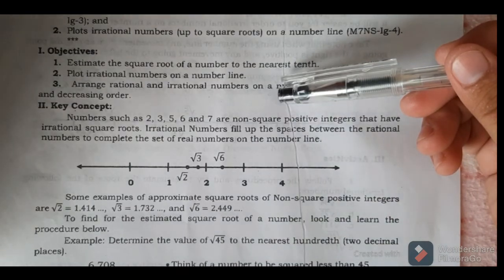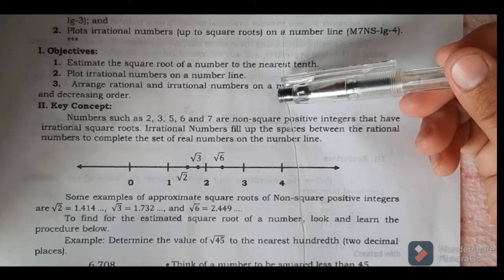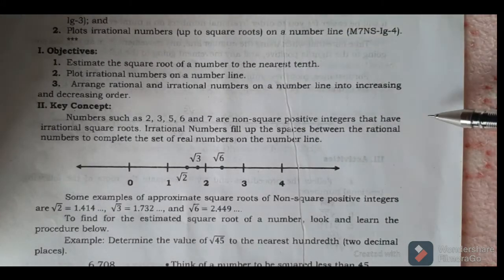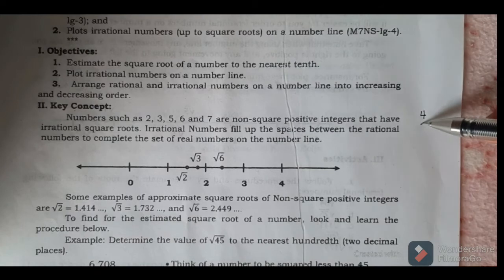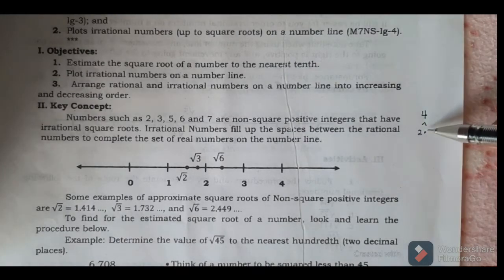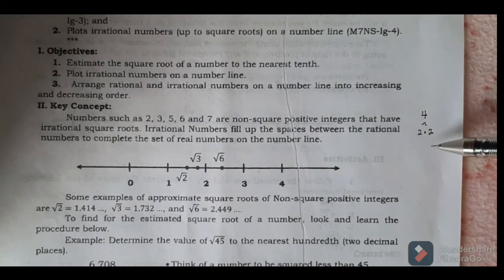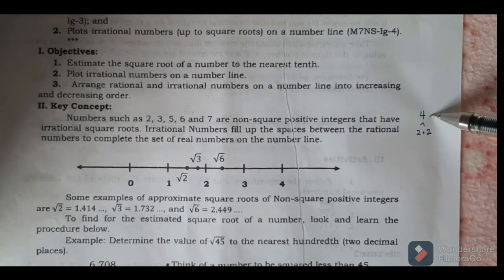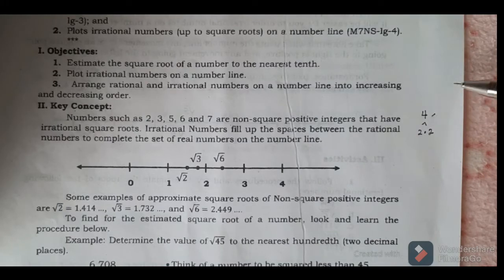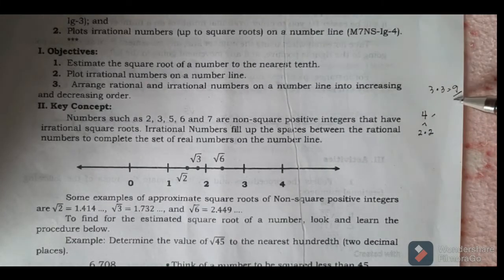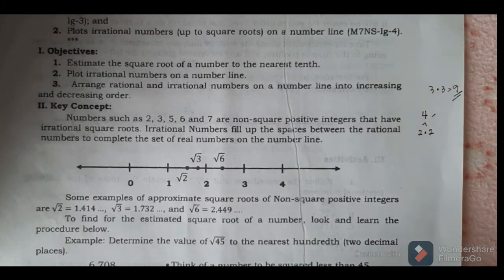ang factor niya is hindi yung sarili niya. Okay, halimbawa, 4 perfect square siya kasi ang factors niya is both 2. May factor siya na both 2. Okay, kaya 2 times 2 is 4. So, this is a square. Halimbawa pa is 3 times 3, 9. So, 9 is a square positive integer.